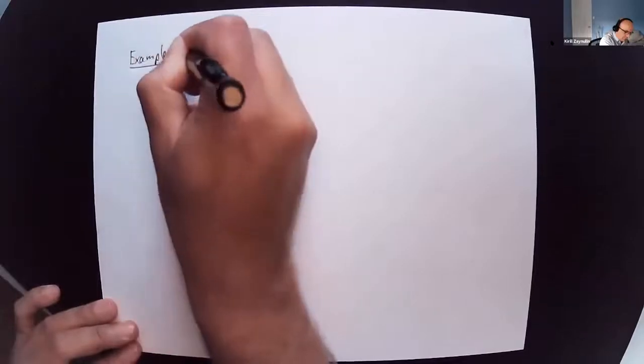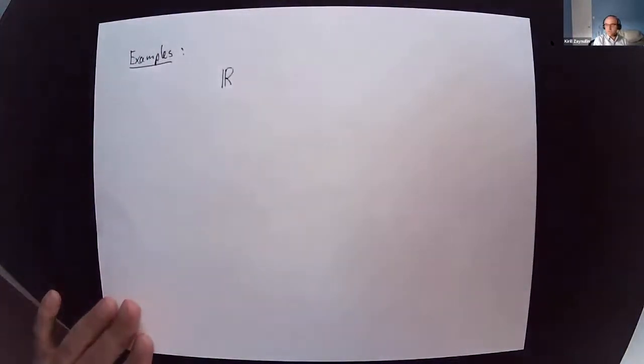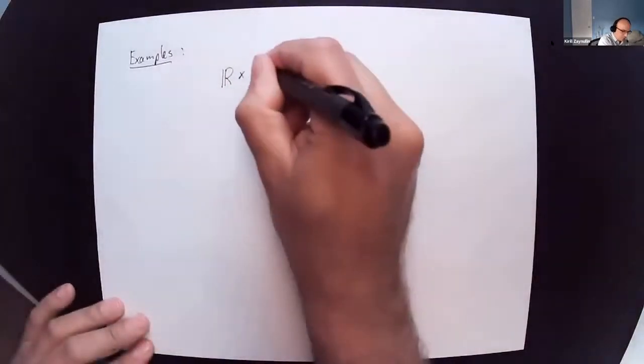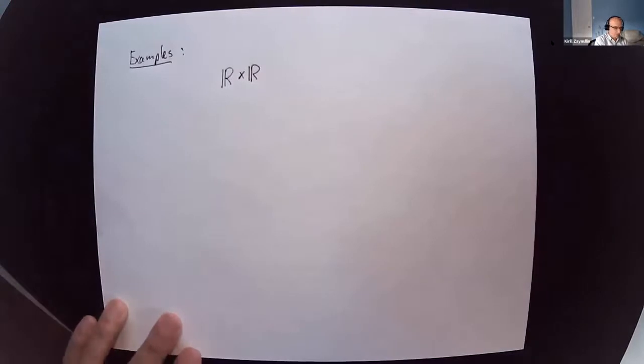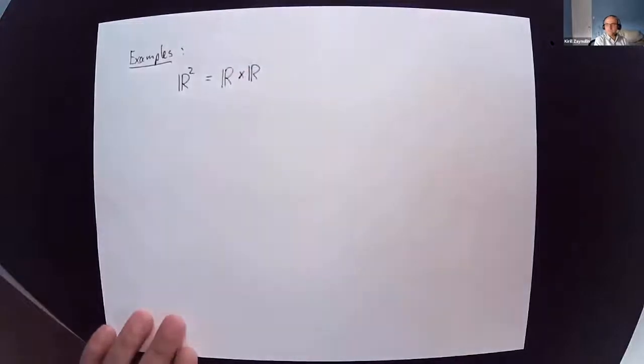Most of you are pretty familiar with this one. Say, well, let's just look at R, just the set of real numbers with the usual addition and multiplication. So it's our field F, right? And what can we do? Well, we can just take its product with itself as many times as we wish, right? We can just take R times R. And of course, this is denoted as R2, right?